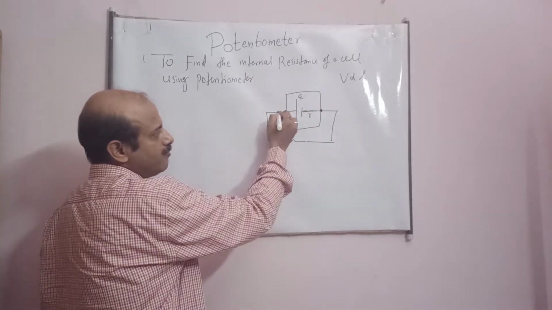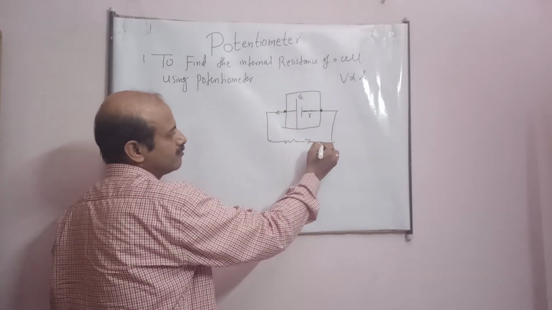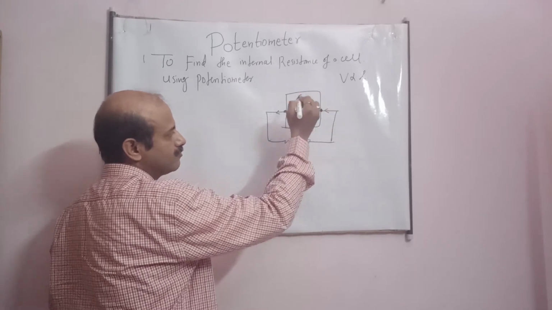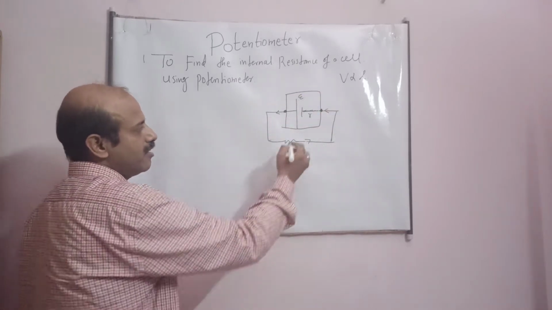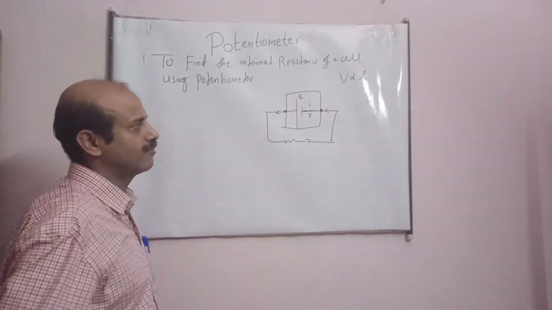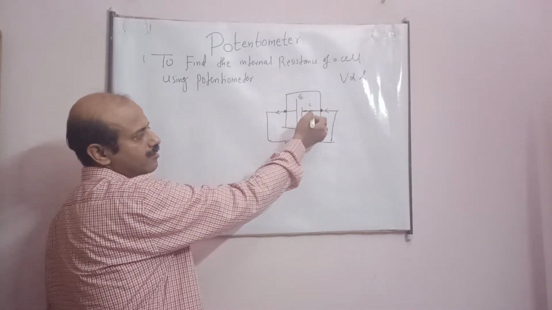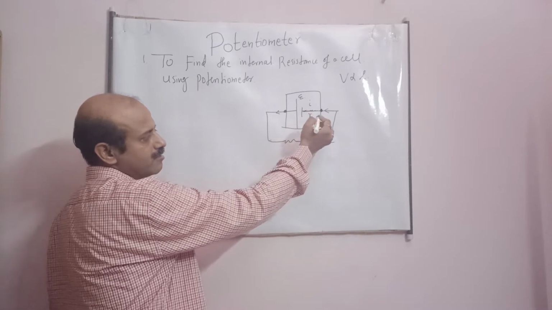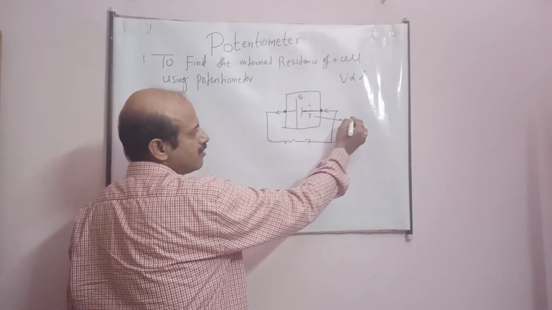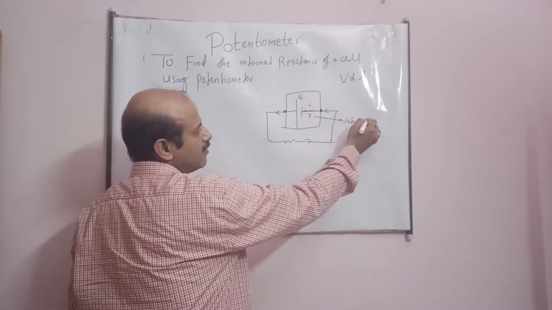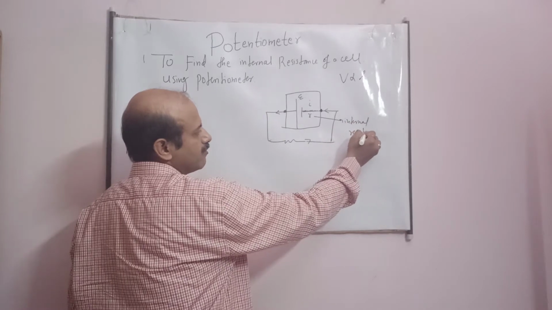Now suppose current is flowing in this direction, student. Say current I is flowing. I am following the Kirchhoff path this way. First I am encountering the internal resistor. This is internal resistance, student.